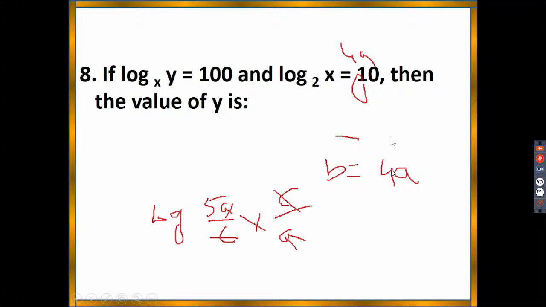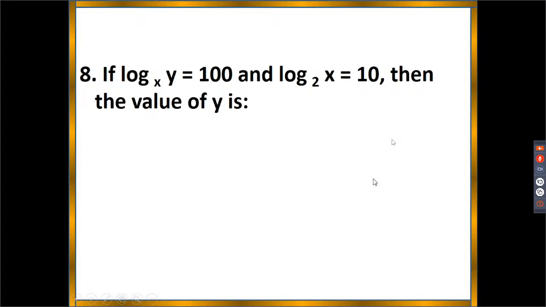Okay. Next one. Log y base x is equal to 100, and log x base 2 is equal to 10.